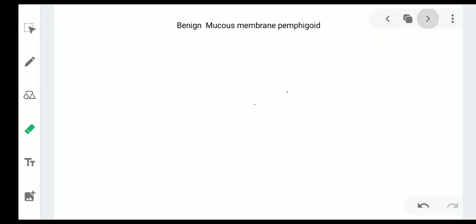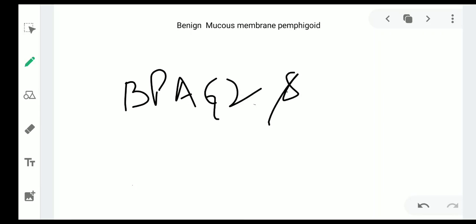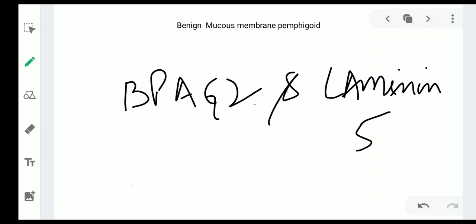Now in benign mucous membrane pemphigoid, the same thing occurs, but here the target antibodies are associated with BPAG2 and laminin 5. These are the target antigens.